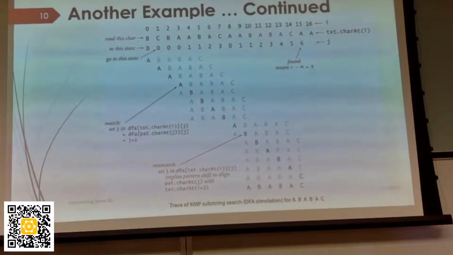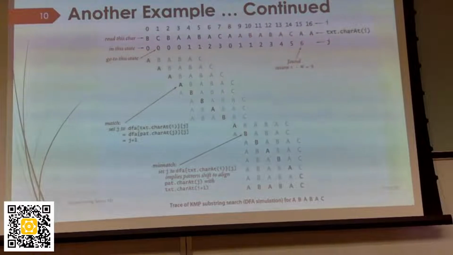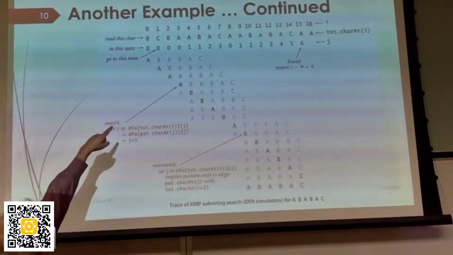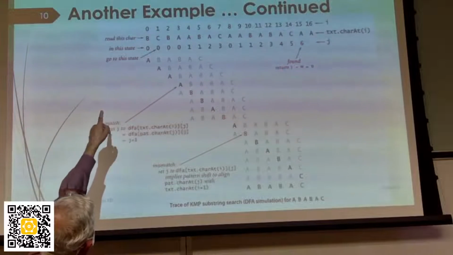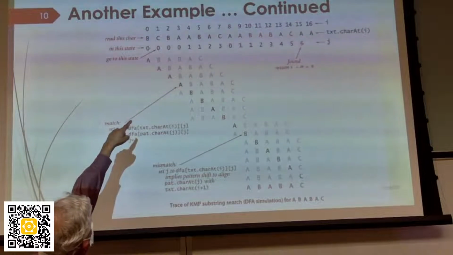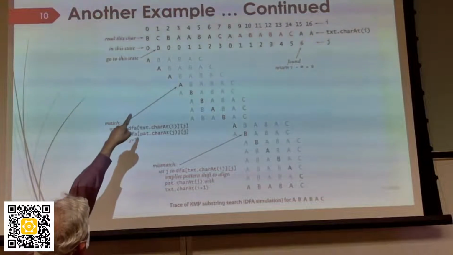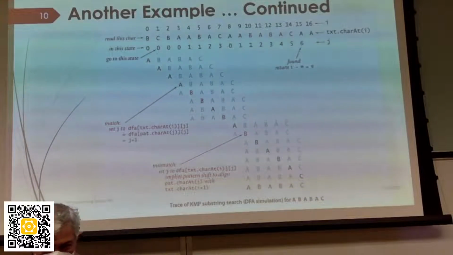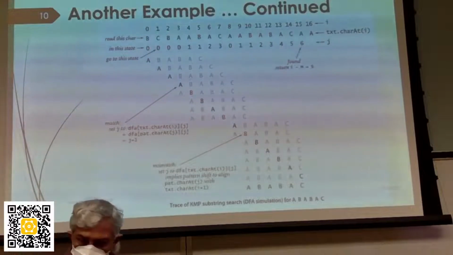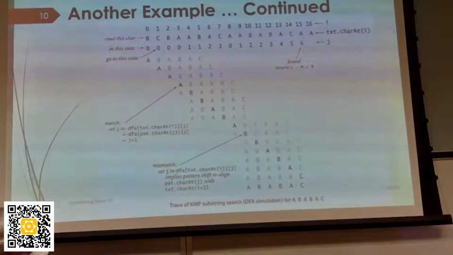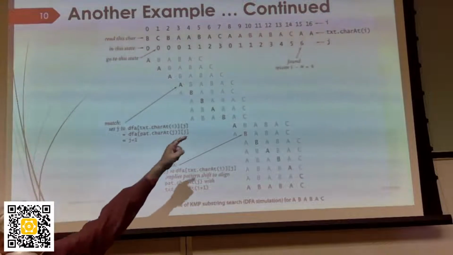And I have built that state diagram that I had before by only looking at the pattern. Now you give me a text. So I check, the A doesn't match, so I'm still in state 0. A doesn't match, still in state 0, and so on and so forth. So the red things tell you where the mismatch occurred, and the second row tells me what state I'm in.